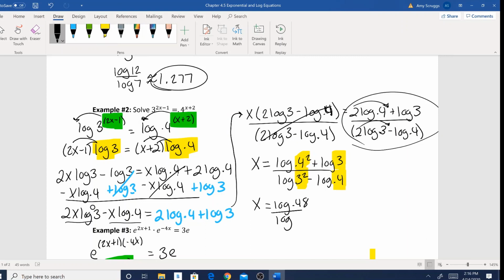So you're actually going to say 3 squared divided by 0.4. I didn't actually turn this into a decimal. I wanted it to stay as accurate as possible, so I just left it as 9 divided by 0.4. But after it's all said and done, you're going to get a value of x equal to approximately negative 0.236.